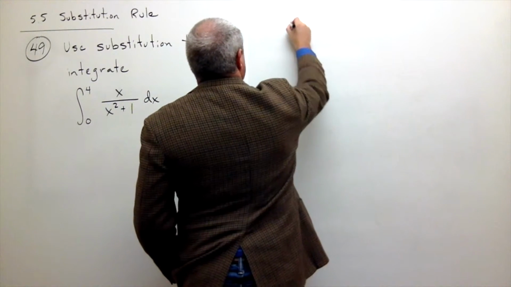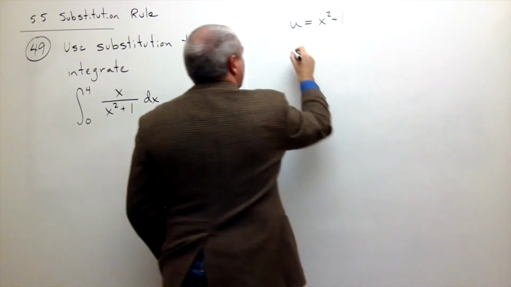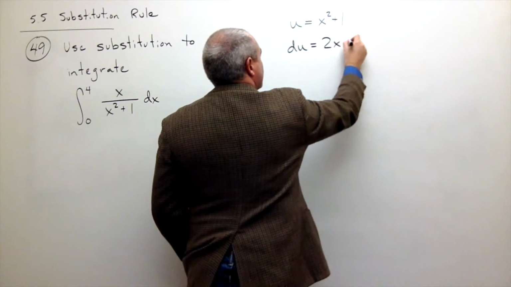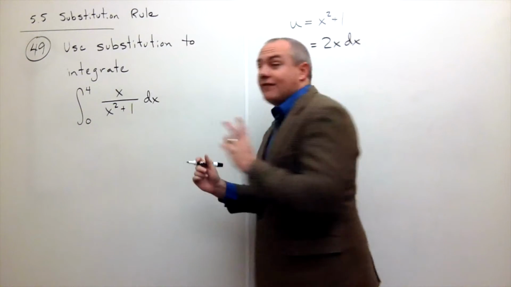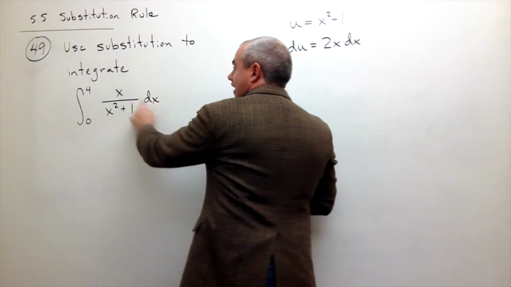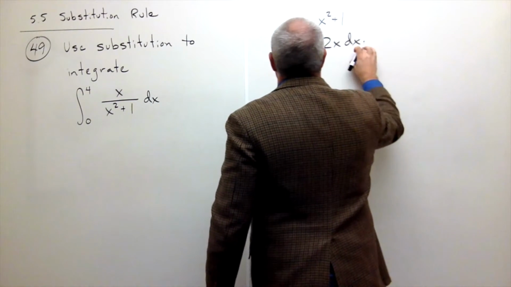So if I make a substitution for x squared plus 1, then du would be 2x dx. And I look over here and I'm very, very close, right? On top I have an x and I have a dx, so I have an x dx. I need a 2x dx.